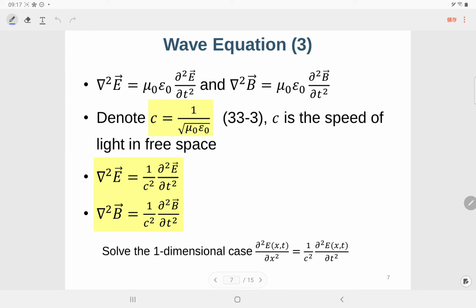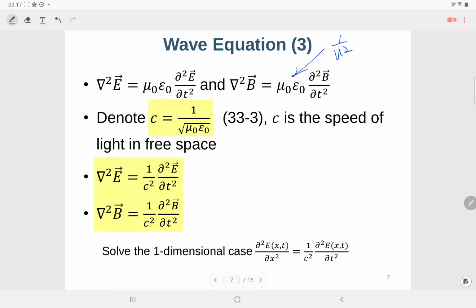And actually, according to the classical theory of waves, we know that this term is 1 over v squared, where v is the speed of the wave.